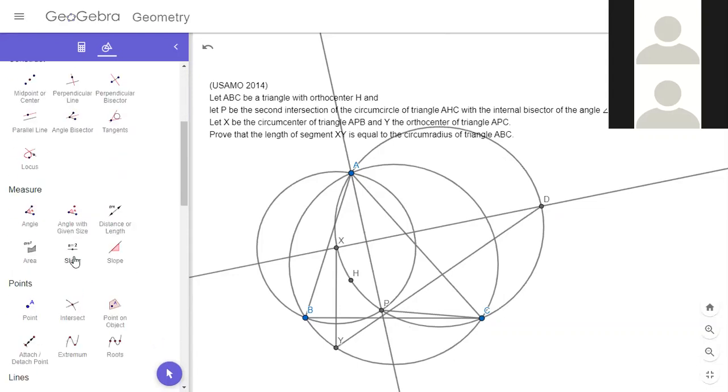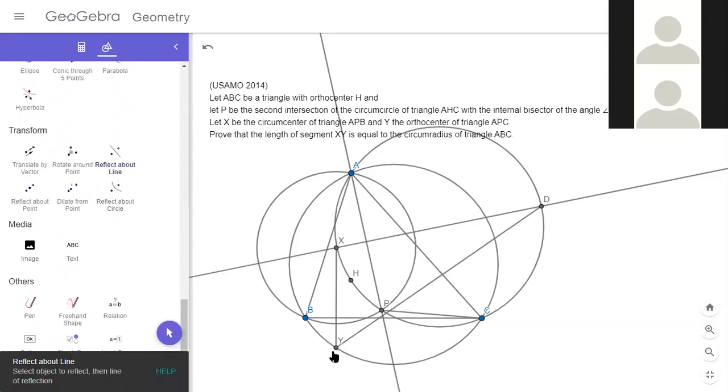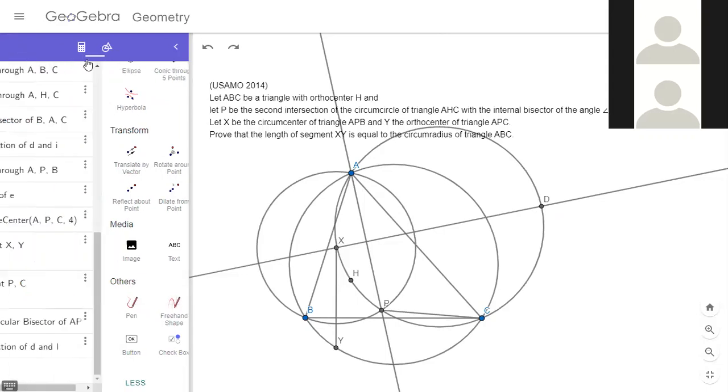Is that actually true? You should check just to make sure I'm not making that up. It's not. But somehow XY is perpendicular to BC, and let's draw.